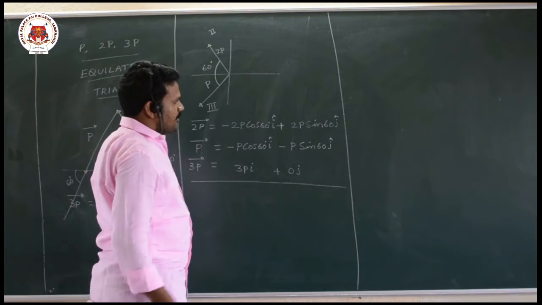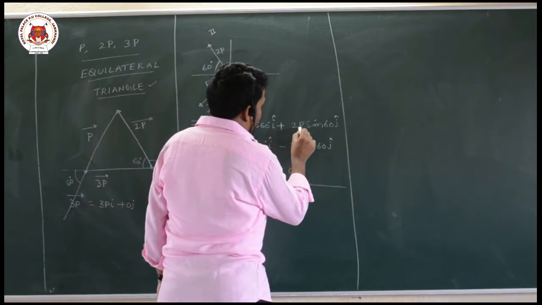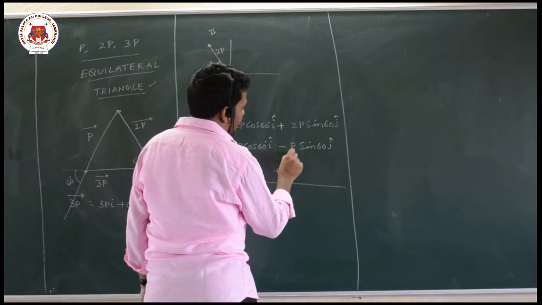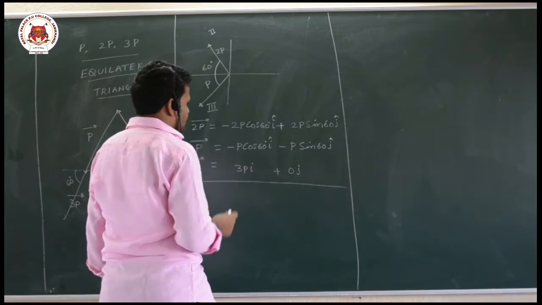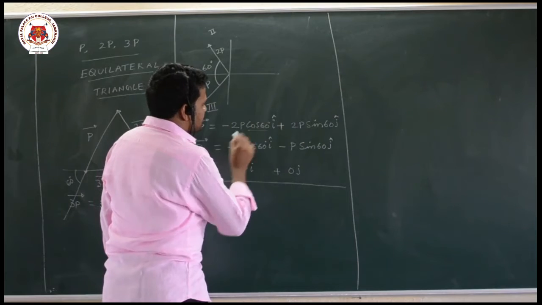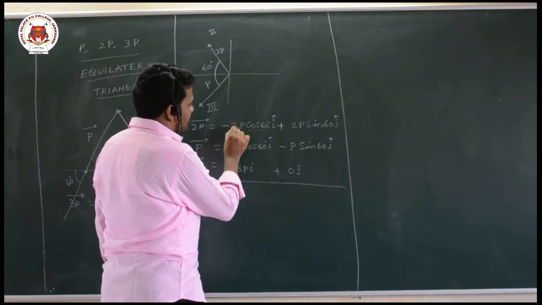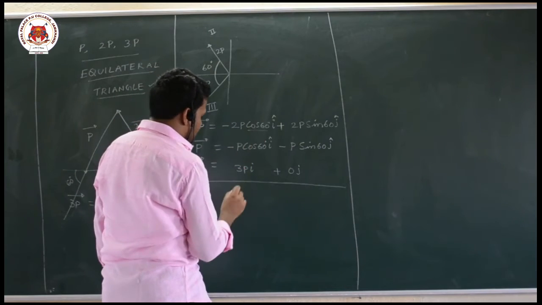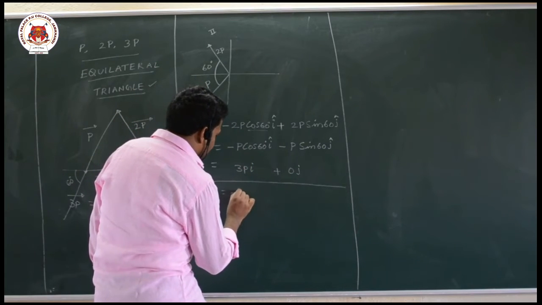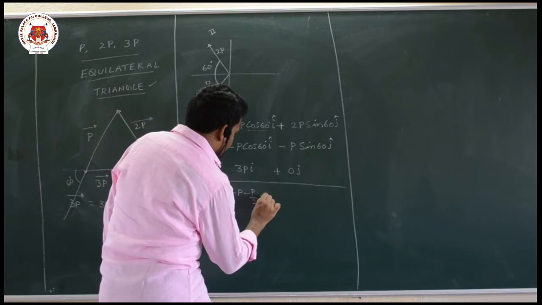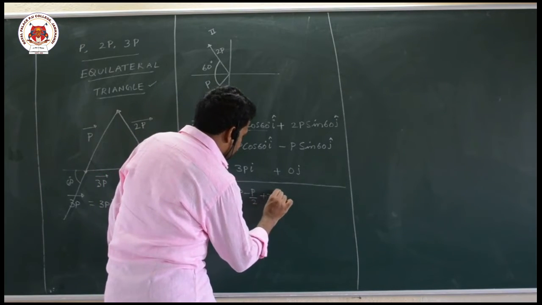So the i component is 3p minus p minus p by 2, that is, minus p by 2 minus p by 2 plus 3p. This is i cap.